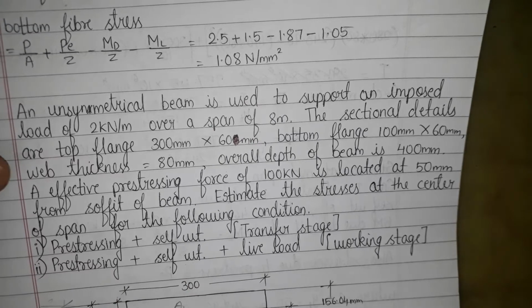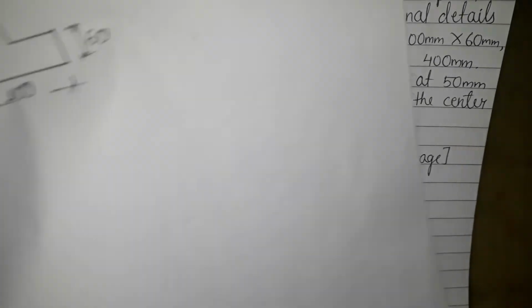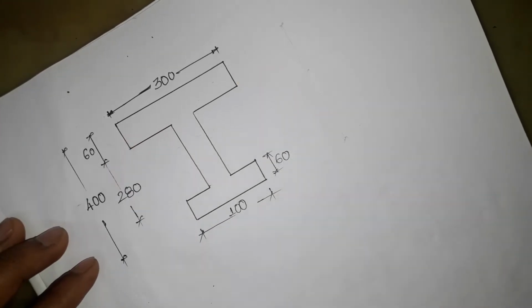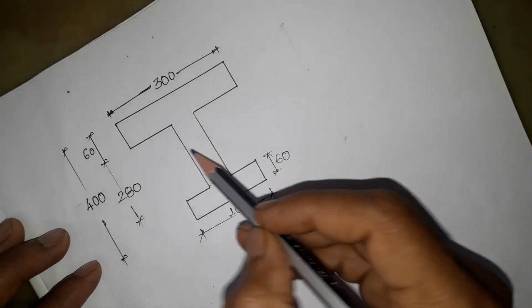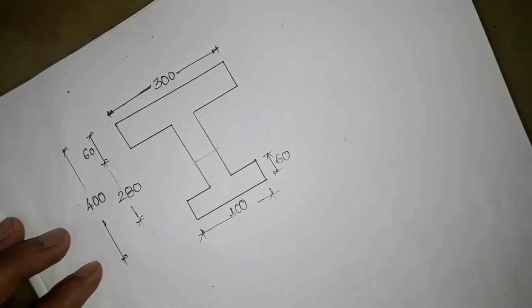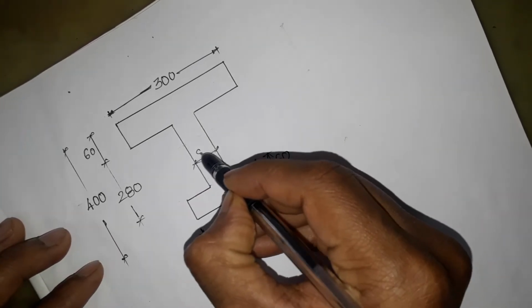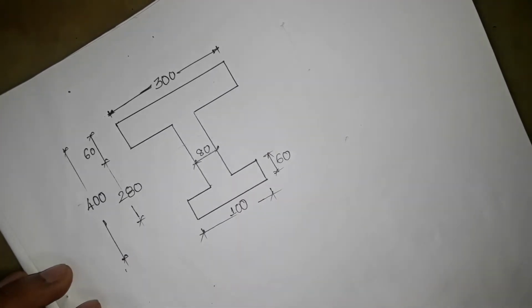Okay, so the sketch is like this, we have the section. The top flange is 300 mm by 60 mm, the bottom flange is 100 mm by 60 mm, and the web thickness is given as 80 mm. The total depth of the section is 400.